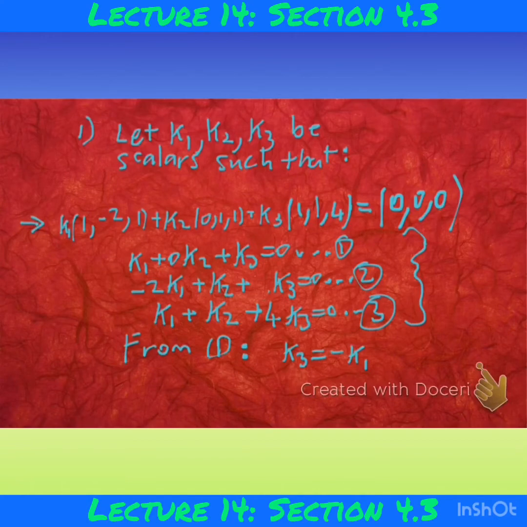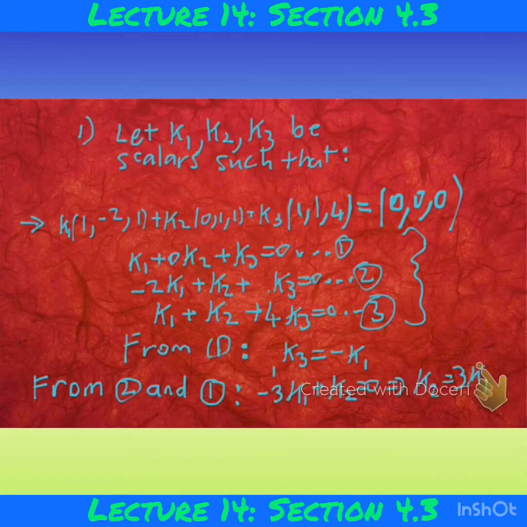Now, from the second equation, we can use the first equation and the second equation simultaneously and do substitution, and we can then solve for K2 in terms of K1. Right, so there we can solve for K2 as 3K1, and then we can use equation 3 and do the substitution, and we can go and further solve to get the following.